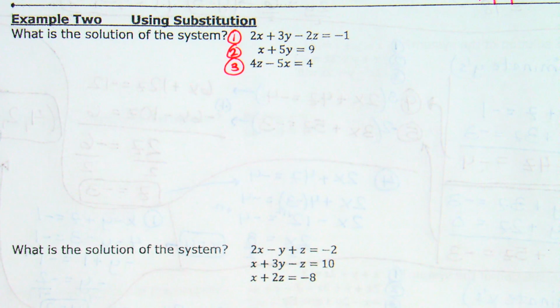Pick one equation and solve it for x or y, right? Isolate a variable. Same drill here, except now it's pick one equation and solve it for either x, y, or z. So that's going to be our first step, and I'm going to write a note here about it.